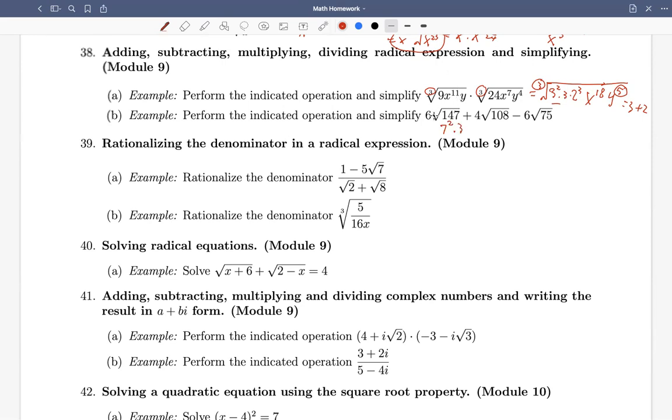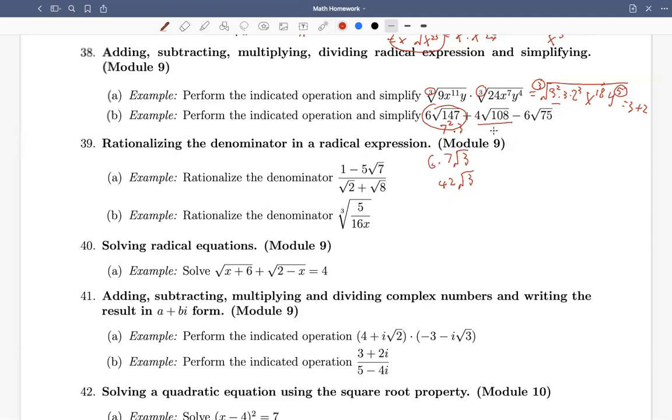The 7 squared and the square root cancel each other out, right? So that means I have 6 times 7 square root of 3. That's for the first one. So the first one is 6 times 7, which is 42, 42 radical 3. Simplified.